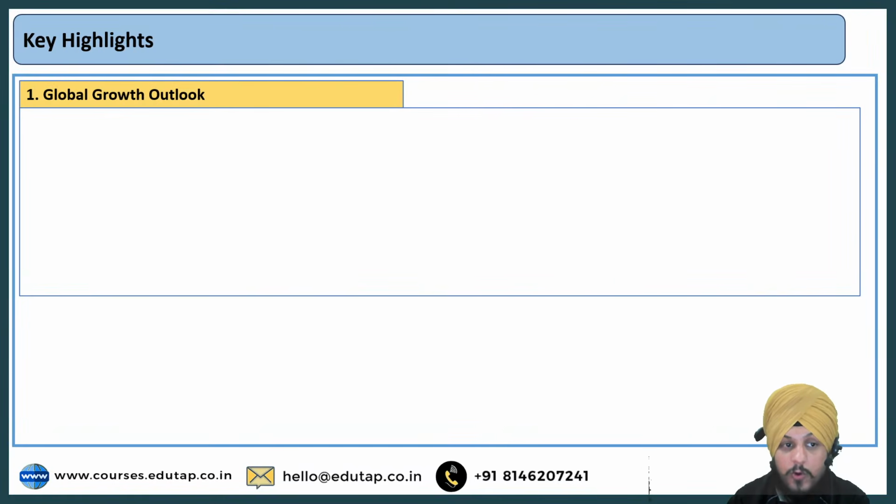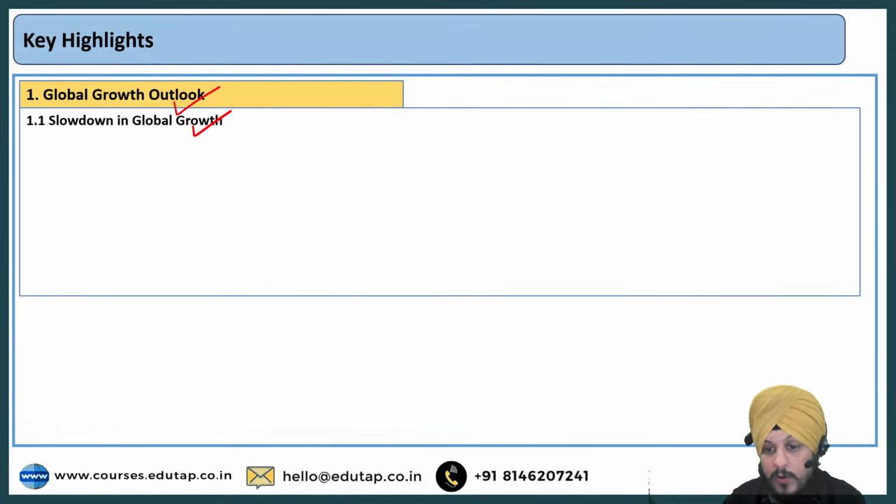Now let us move on to the body part and see what are the key highlights that have been presented as a part of the report. The first highlight is regarding the global growth outlook. First of all, the report talks about the slowdown in global growth. The combined growth of all economies is expected to fall.